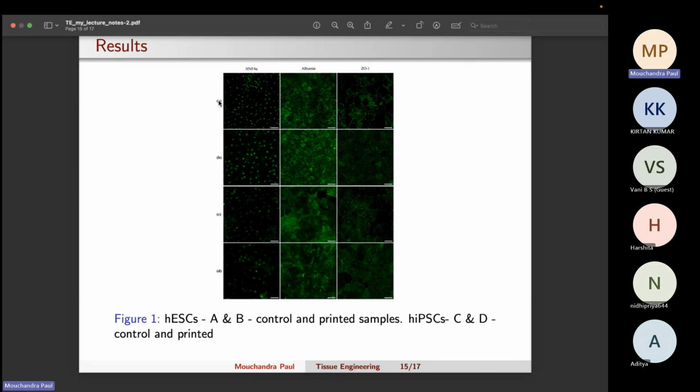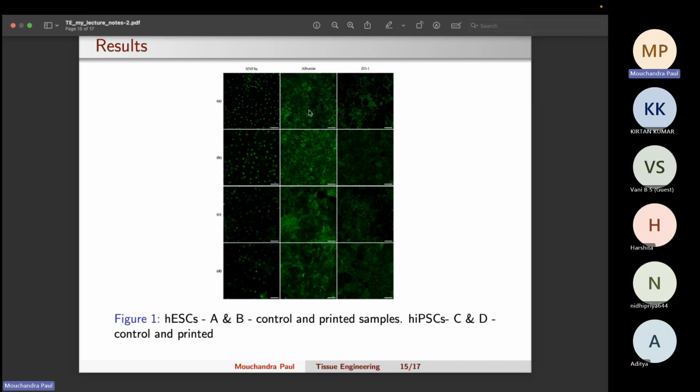So A and B, these two panels, are for the human embryonic stem cells. Panel A is for the control, panel B is for the printed cells. And you can see both the control, that is the non-printed samples, and the printed samples are expressing all three types of hepatic markers.